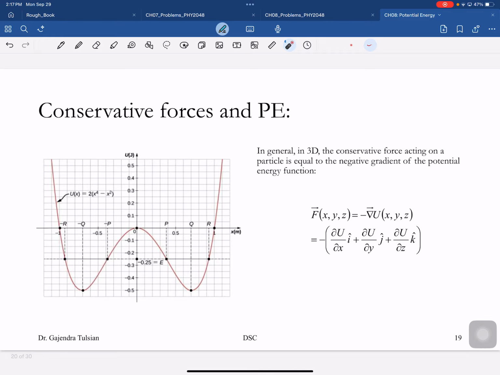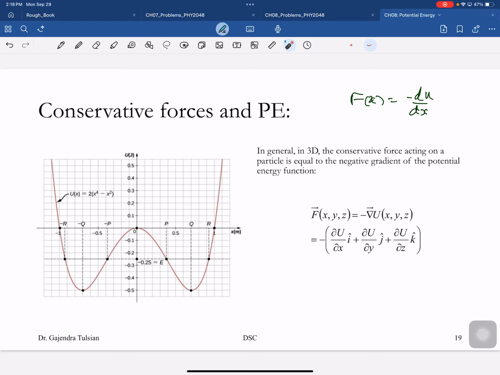So here's a potential energy curve. At any location, you go to the potential energy curve and calculate the force on the object, which would be just minus du by dx. Du by dx is 0 here. That's an equilibrium position, except that that's a local maxima.